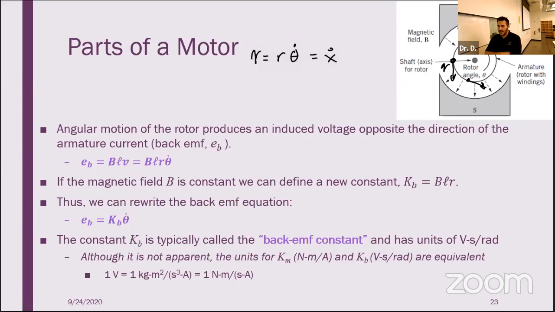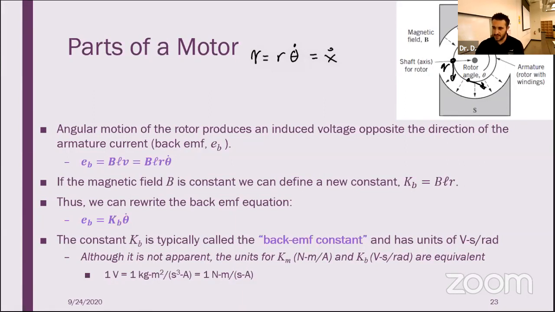So as it turns out, we'll get B times L times R. Isn't that just the motor constant? Yes, it is. But we're going to call it K sub B in this equation.